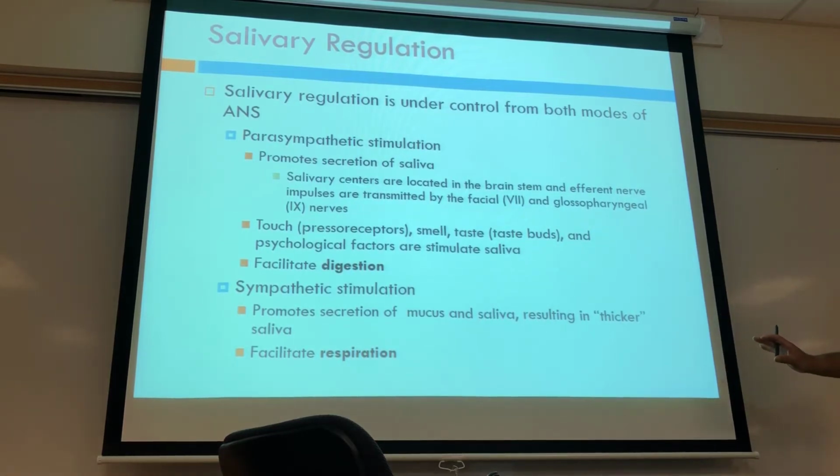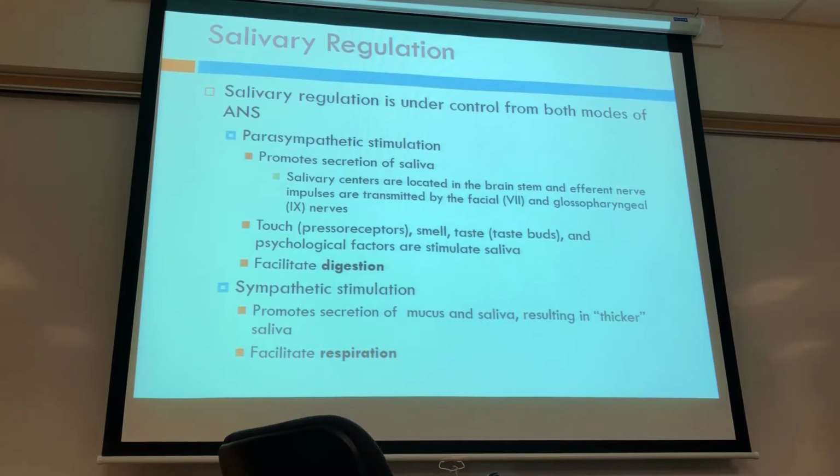The salivary pathways from the brainstem to the medulla, all the way out to the salivary glands, produce a watery saliva. That makes sense because when we introduce food into our mouth, we want to mash that food with watery saliva, and that's going to carry all the digestive enzymes and so forth.